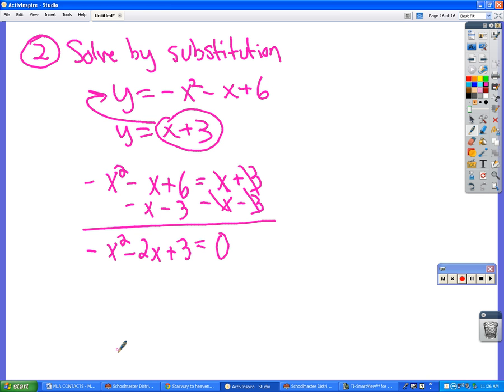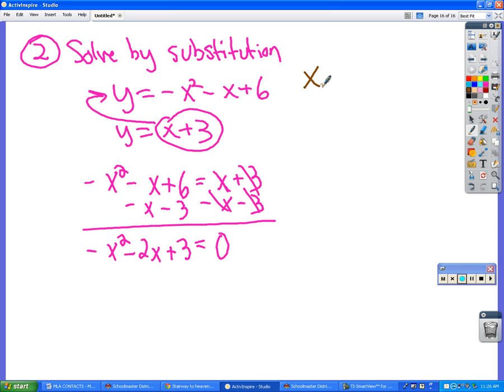Now I have a quadratic equation set equal to 0. I can solve it by factoring, by graphing, by quadratic formula, or by completing the square. What do you want to do? Quadratic formula.